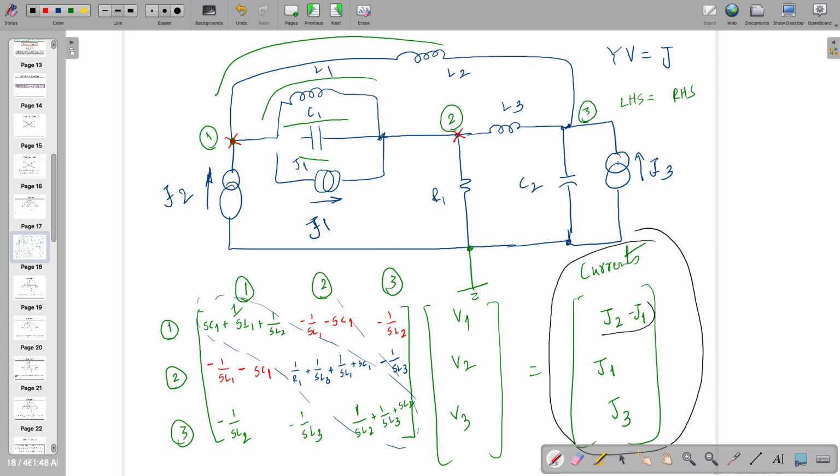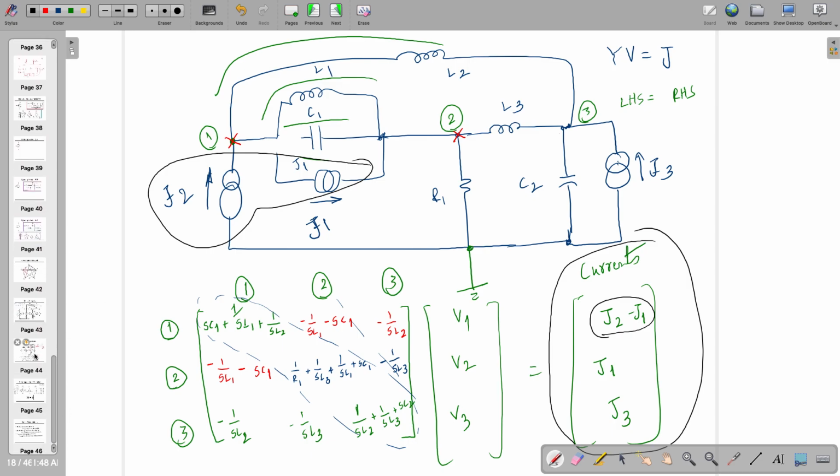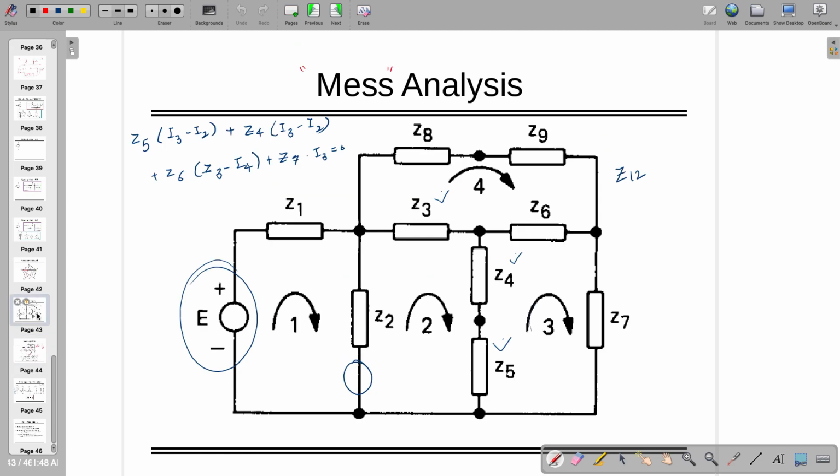In this position, we got two currents, J2 minus J1. So in the same way you follow KCL there, here you have to follow KVL. If there is an extra voltage, you need to accordingly add it or remove it.